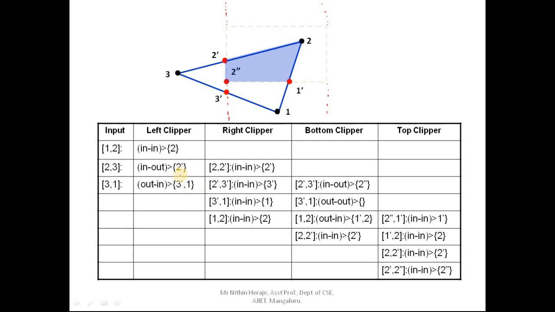Sorry, this is 3 dash and 1, and the output is 1. Next is 1 comma 2. So there we complete all the edges. 1 comma 2 is again in and in, since it lies on the left side, so the output is 2. Now we have the new edges over here, so we'll start with that.